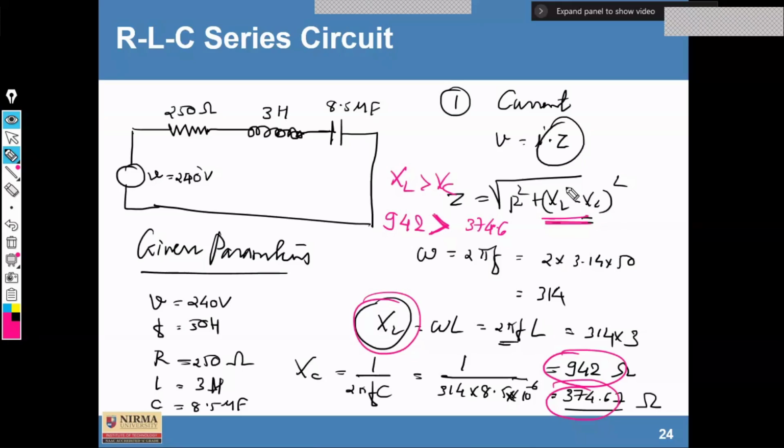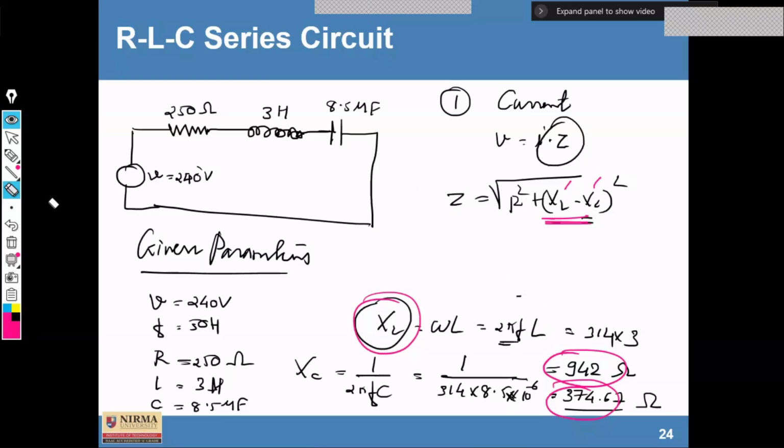Now, you know XL, you know XC, you know the value of R. So we can find the value of impedance Z in the first case. The equation is correct because the condition is XL greater than XC.